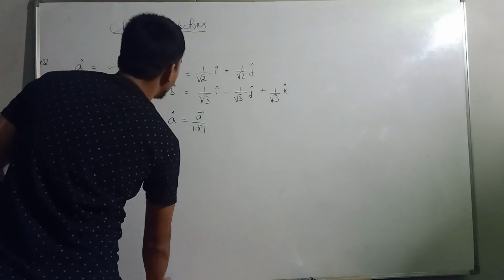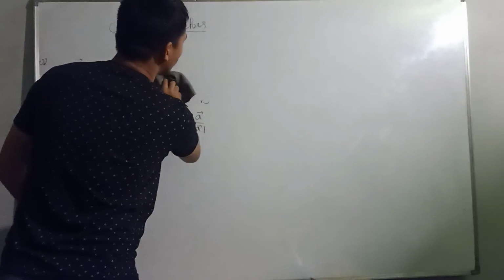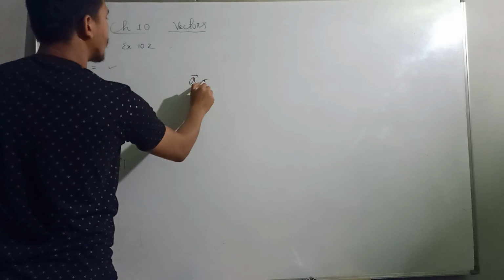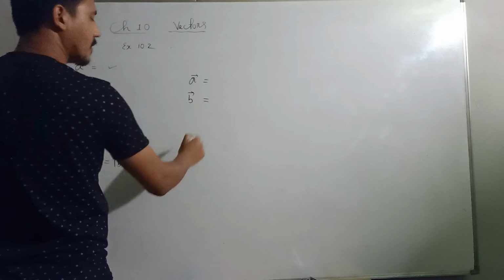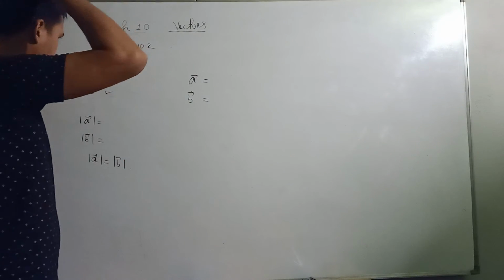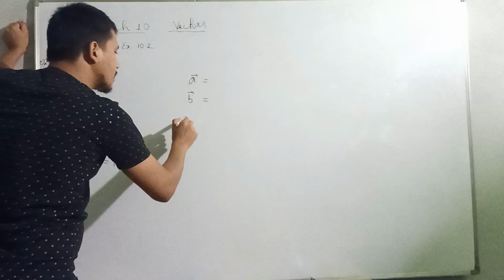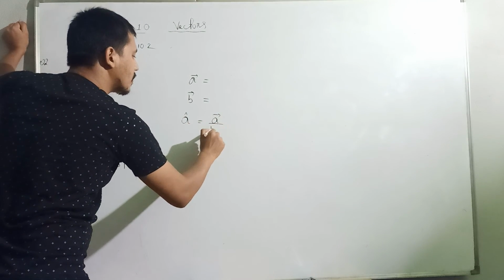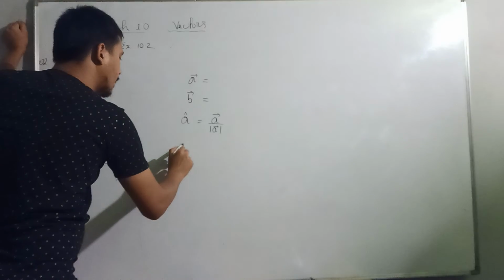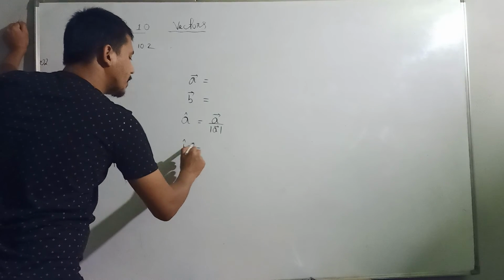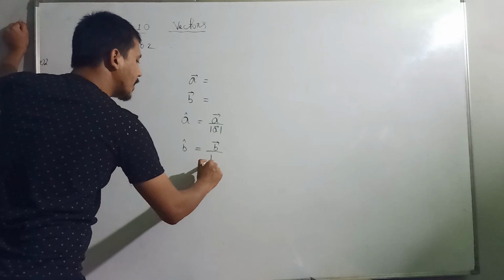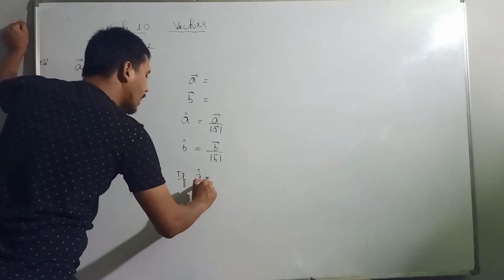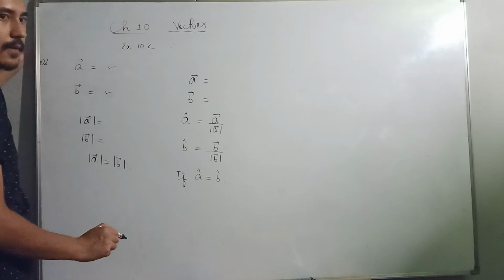Since this is very easy, you can just try by yourself now. Just choose any vector A, choose any vector B. Just find A cap, which means vector A upon magnitude of A. Unit vector B means vector B upon magnitude of B. If you can show that A cap and B cap are equal.